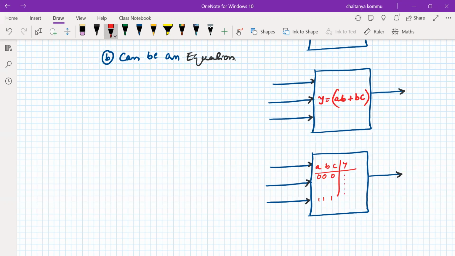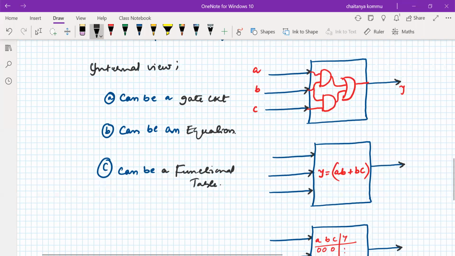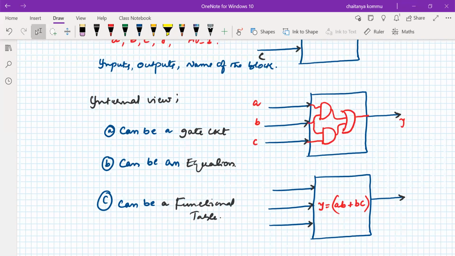So the internal view can be a functional table also. Therefore, the internal view can be visualized in different ways.